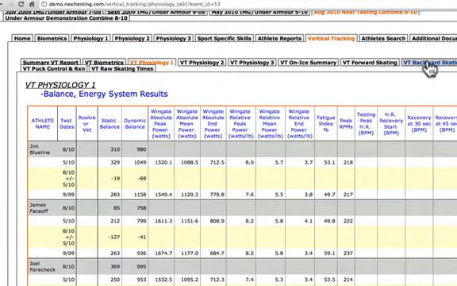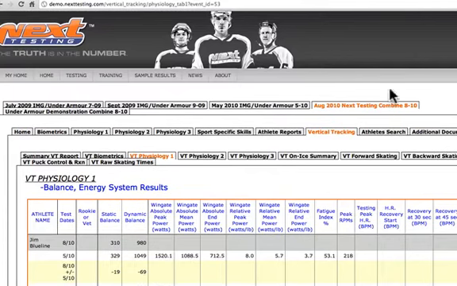So given the August event, I want to look at vertical tracking, and vertical tracking restricts you to two events only: this last event and the May event. So that's vertical tracking. My personal opinion is this vertical tracking section has been superseded by the athletes compare page, and I'll get to that soon.